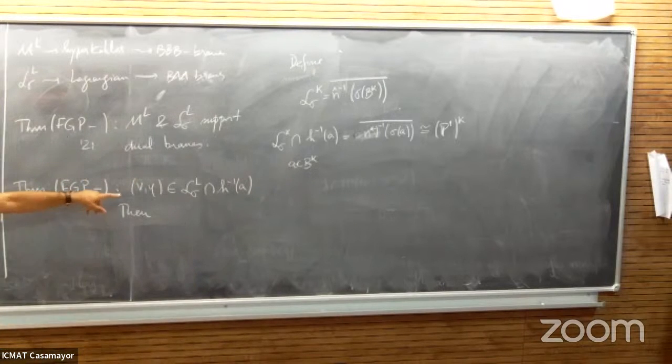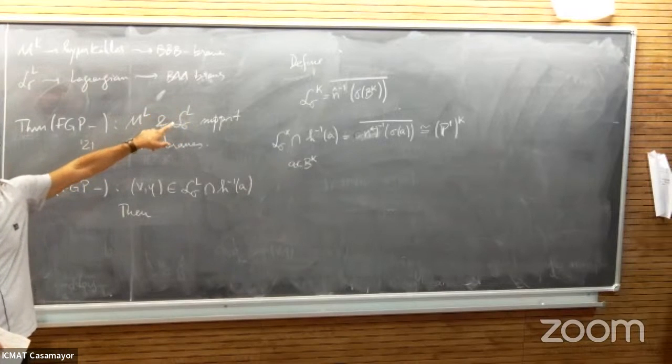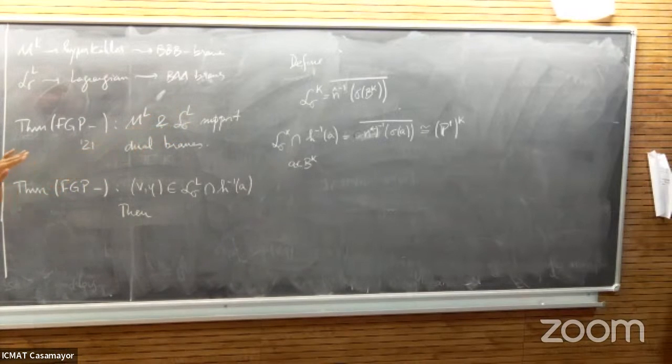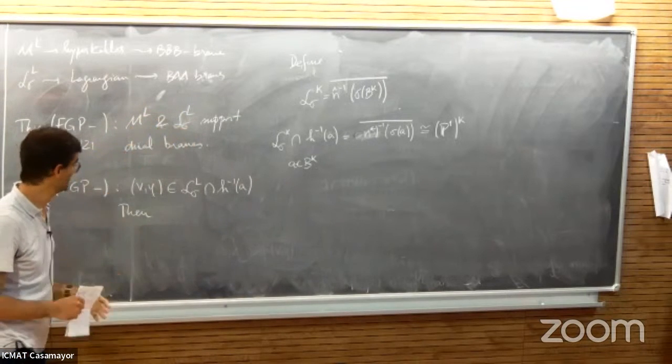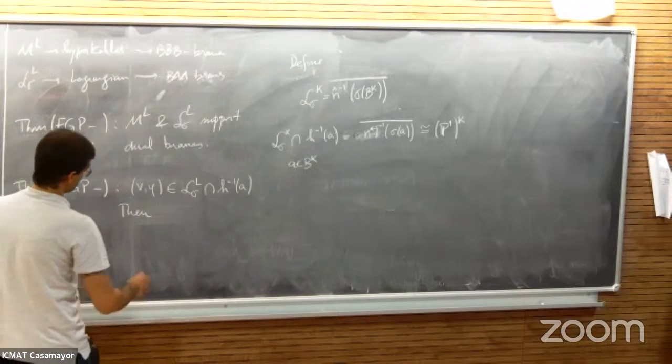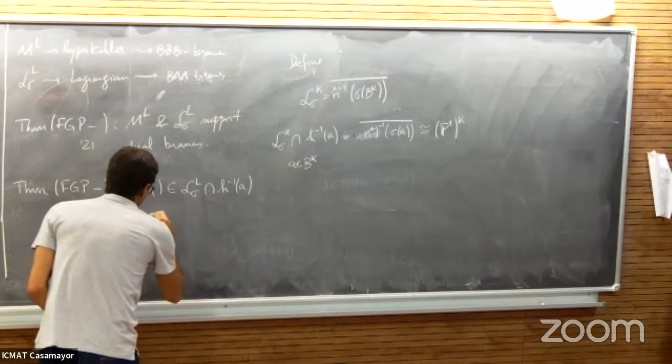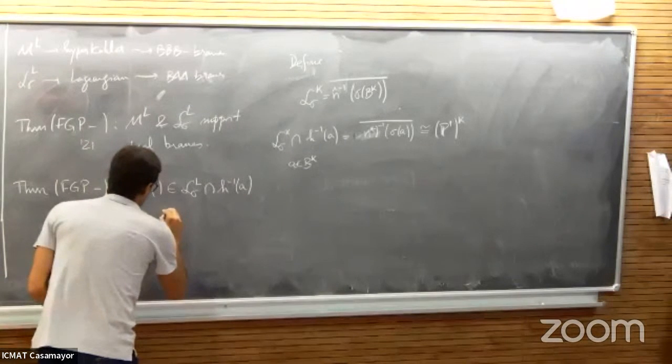First of all, one can see that these Lagrangians are actually C-star invariant. So the C-star action scaling the Higgs field preserves both of these, and we proved that this is only in rank 2.